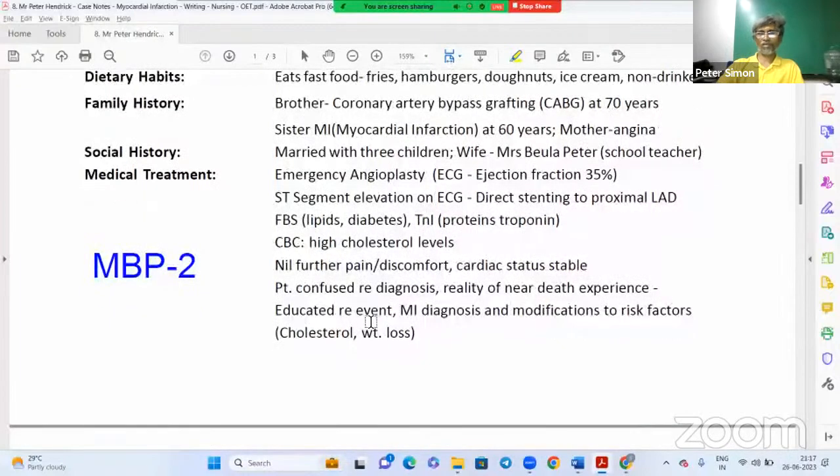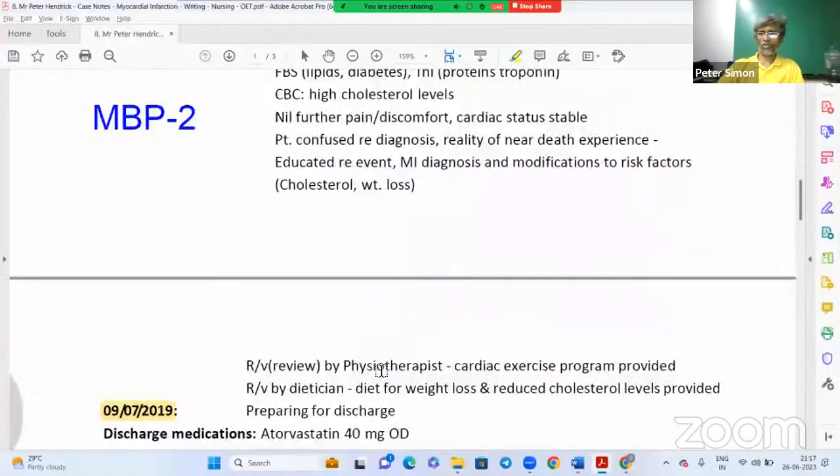Education regarding event, myocardial infarction diagnosis and modification of risk factors. Review by physiotherapist, cardiac exercise program provided. Review by dietitian, diet for weight loss and to reduce cholesterol levels provided. Are they necessary? If they are necessary, you can give them. Otherwise, you need not give them.